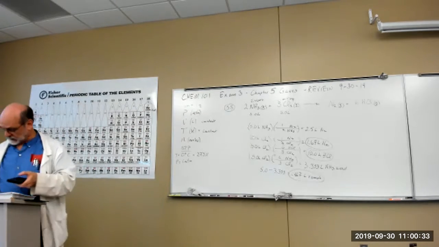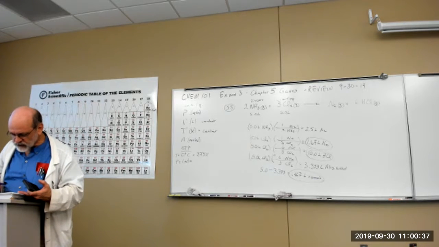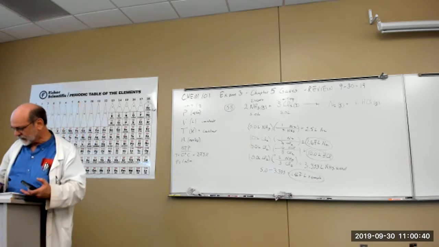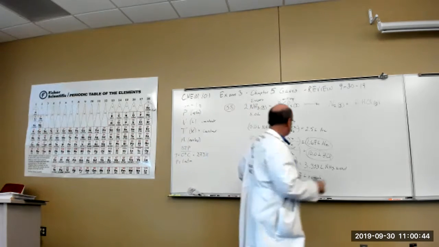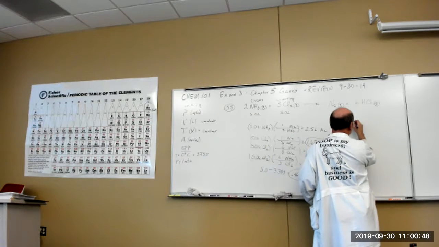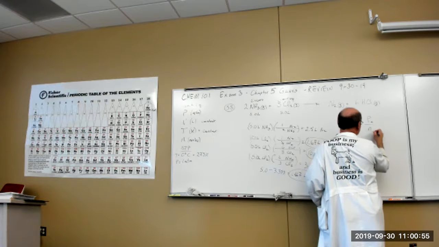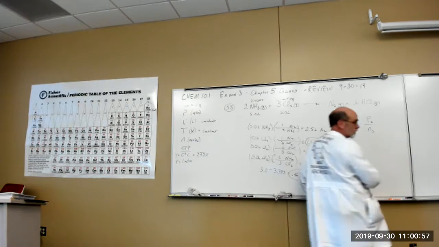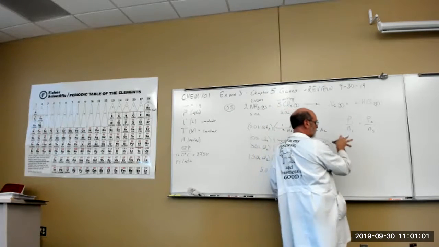Then, what's the question? Calculate the ratio of pressures in the container. So, Avogadro said that the pressure before related to the moles before is equal to the pressure after related to the moles afterwards. Okay? They're directly proportional.